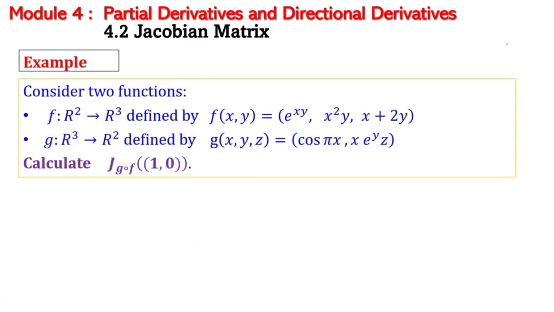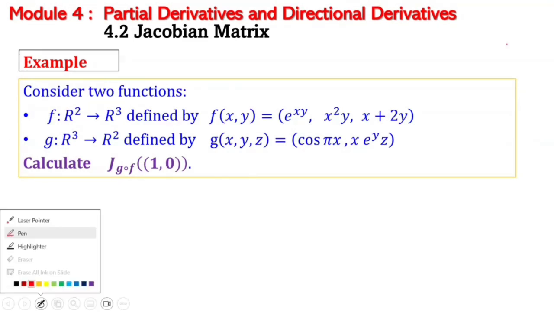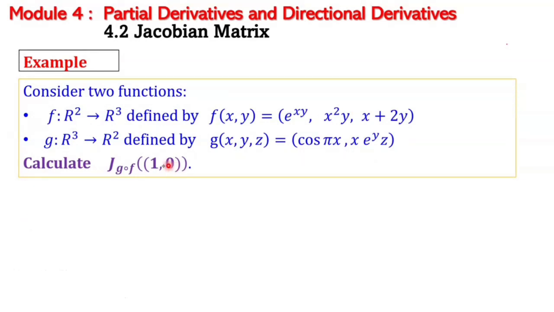Now we have an example where we have to find the Jacobian of the composition function. We are given the function f from R^2 to R^3, defined as e to the power xy as the first component, x squared y as the second, and x plus 2y as the third component.